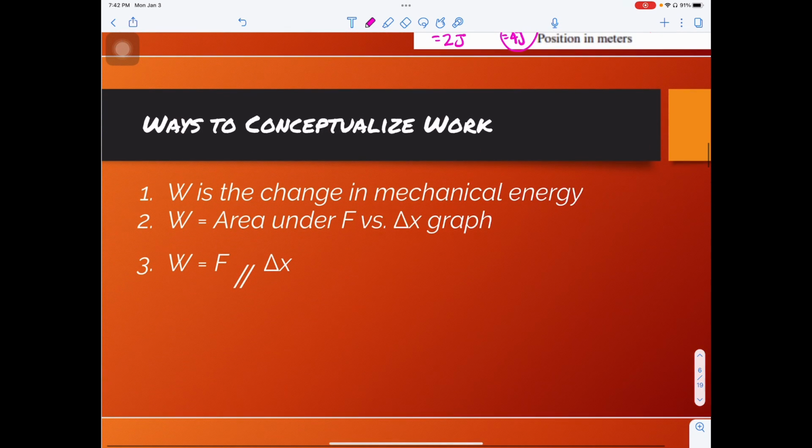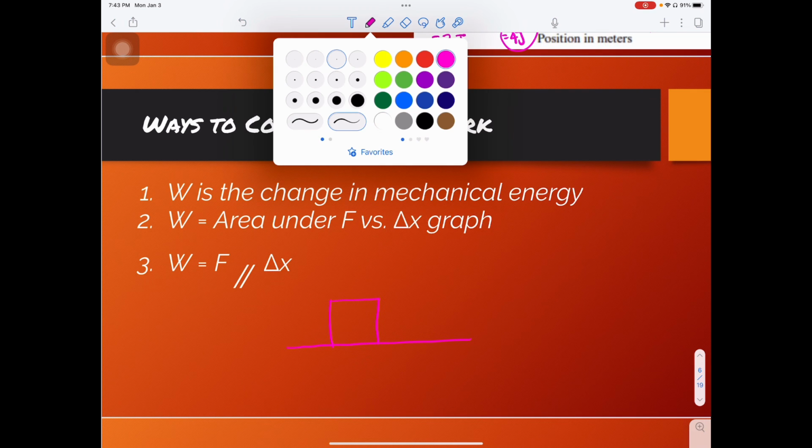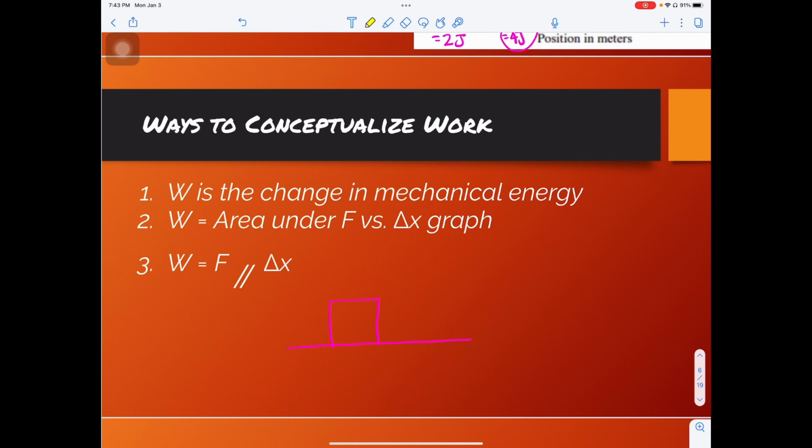Okay, a third way to conceptualize the idea of work is that work is equal to the force parallel times the displacement. And so what we mean by that is, suppose that I am dragging my lander along. It's not going to show up very well, so I'm going to change to yellow. Dragging my lander along, and I'm actually dragging it by a rope, okay? So this is going to be my F, but my delta X is going to be this way.